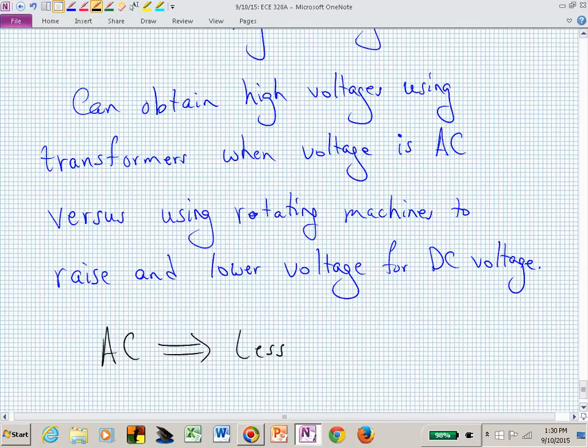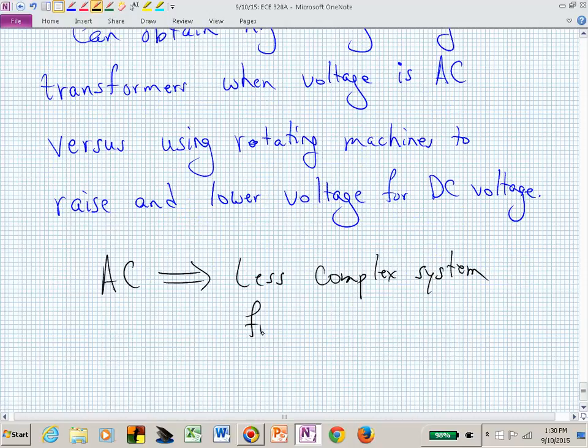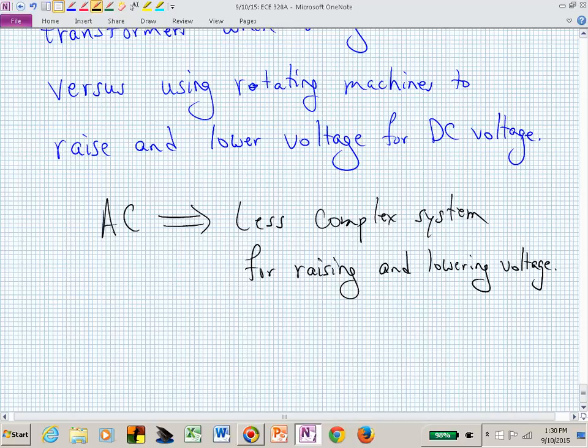AC implies less complex system for raising and lowering voltage. That's one of the characteristics.